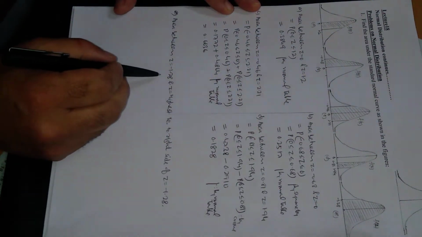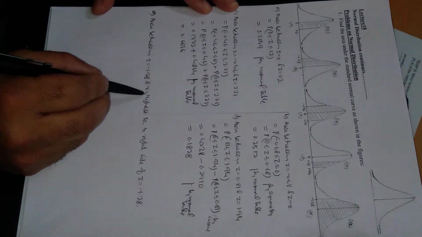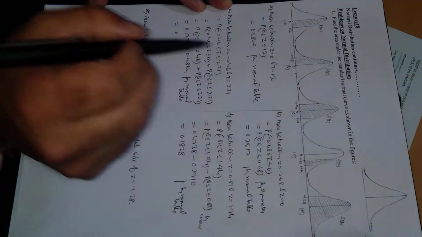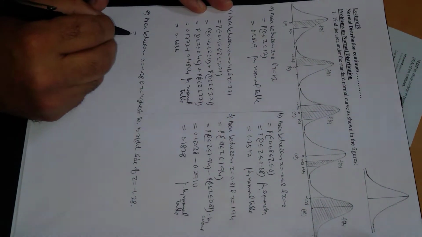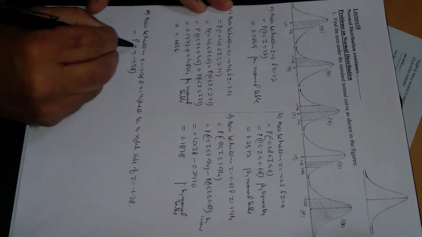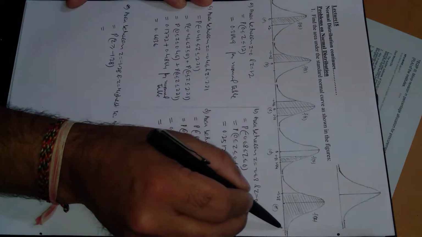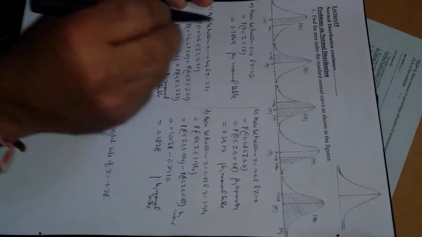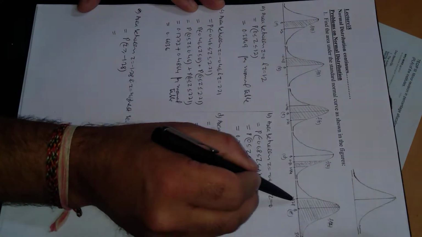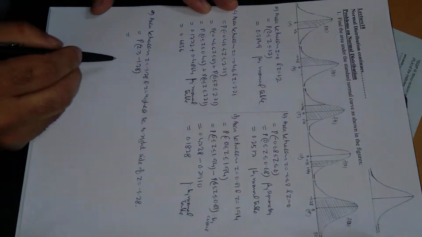And the fifth part is here, the area from z equal to minus 1.28 to highest, meaning the area to the right side of minus 1.28. So this can be written in probability form as probability z greater than or equal to minus 1.28. From the diagram, as we know, the highest value of z in the normal table is 3.9. At this point z is 0, so this can be split into two parts, minus 1.28 to 0 and 0 to 3.9.